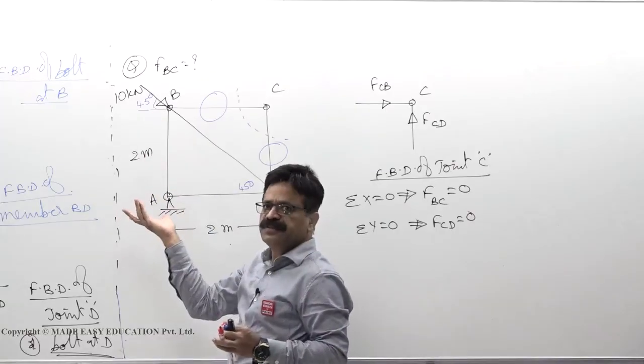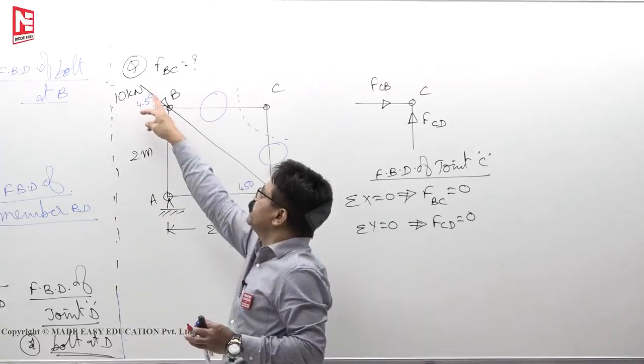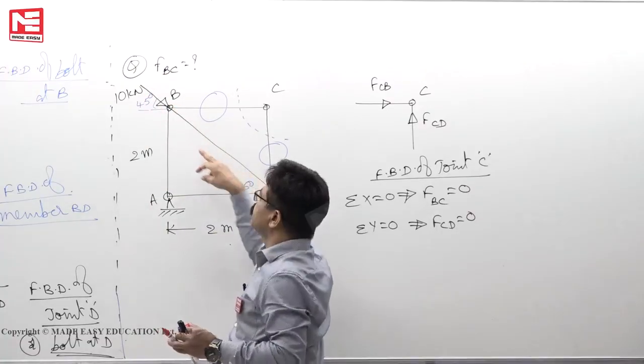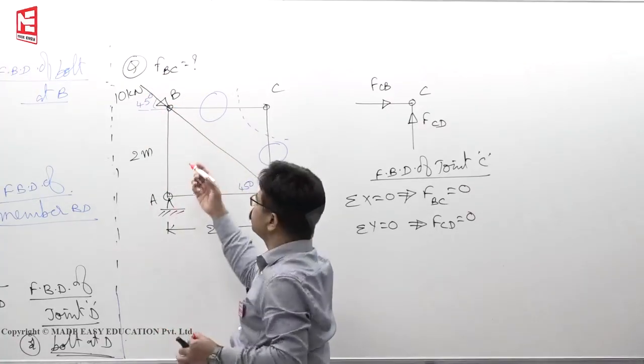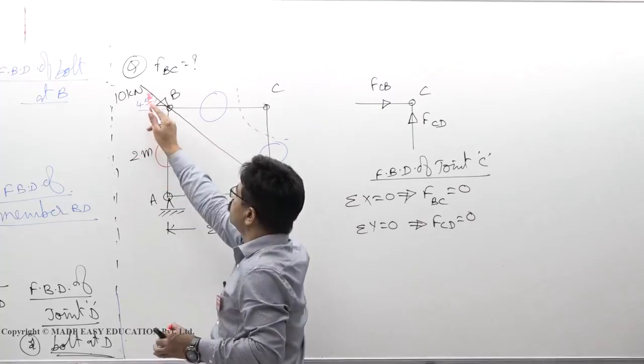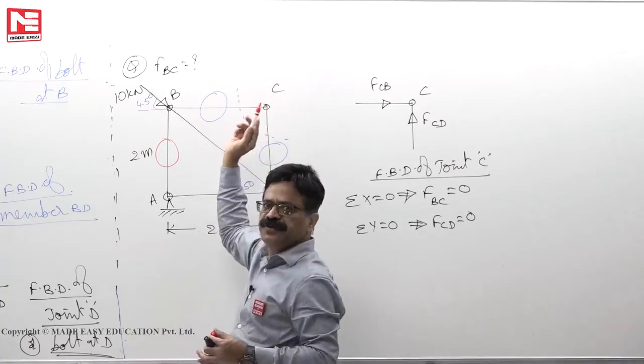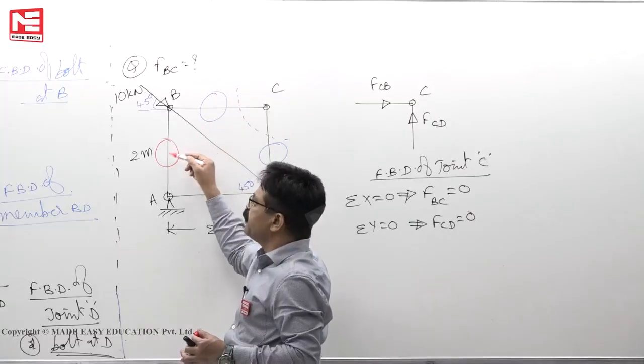Otherwise, someone should give that load. So 1, 2, 3. These 2 are in line. Third now has to be 0, because already 0 you remove it off. So this value has to be 0.